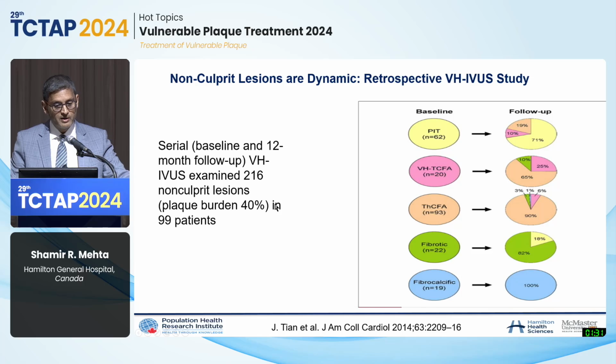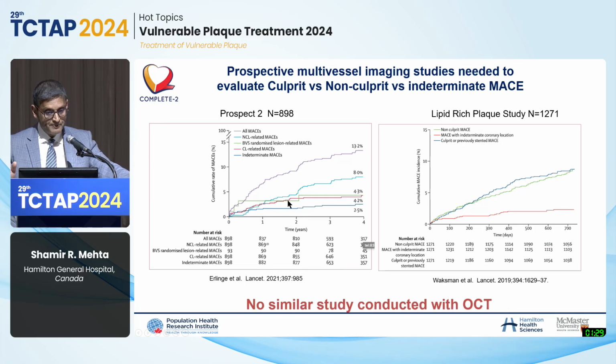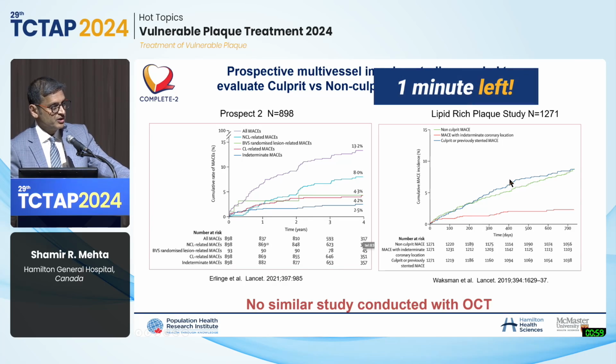So that's another parameter that we have to consider when we're looking at these prospective studies correlating OCT findings with outcome events. Nevertheless, when you do look at a snapshot in time, there seems to be a correlation with clinical events, at least using IVUS virtual histology in PROSPECT 2, and then the lipid-rich plaque study showing exactly the same thing: about half of the events that occur in these patients with multi-vessel disease are occurring from the non-culprit lesion, and the other half are occurring from the culprit lesion itself.